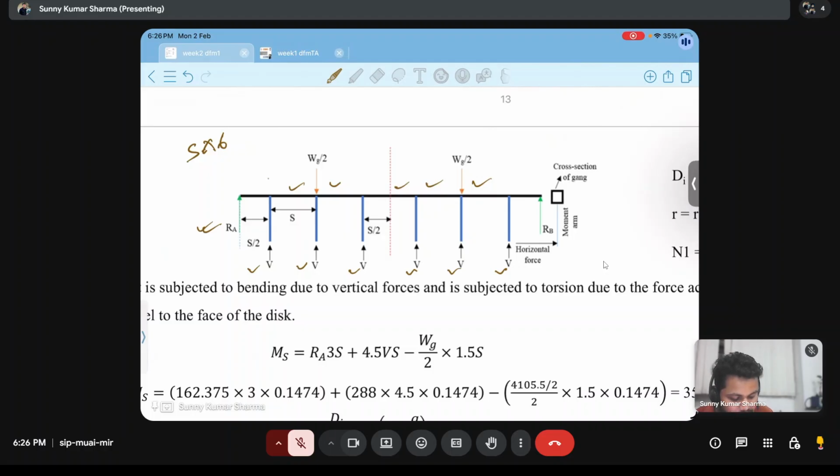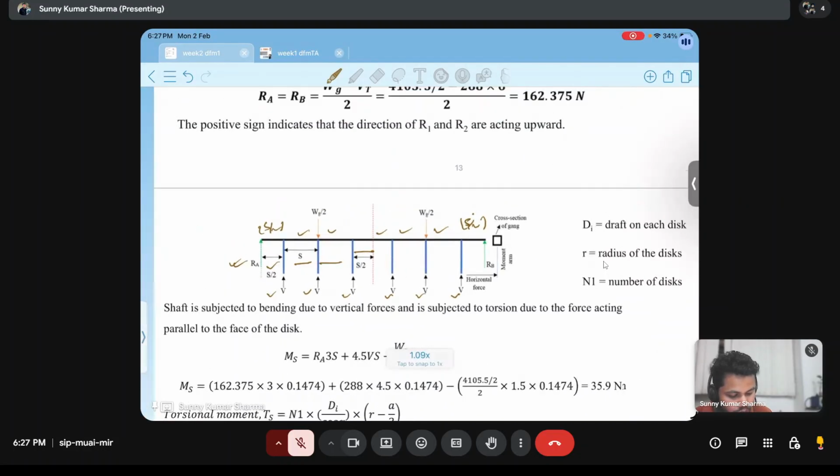Why do we multiply it with 6? Because we have S by 2 at this end and S by 2 at this end. So these will add to give S, and we have a total of 6 into spacing. Now this RA is acting at a distance S by 2 from the last disc. S by 2 is this distance, this is S, and this is again S by 2.